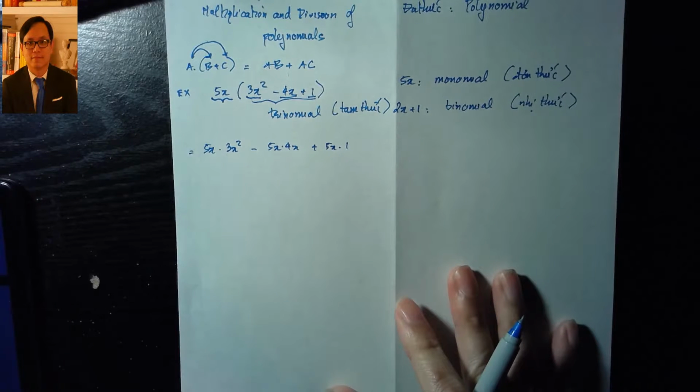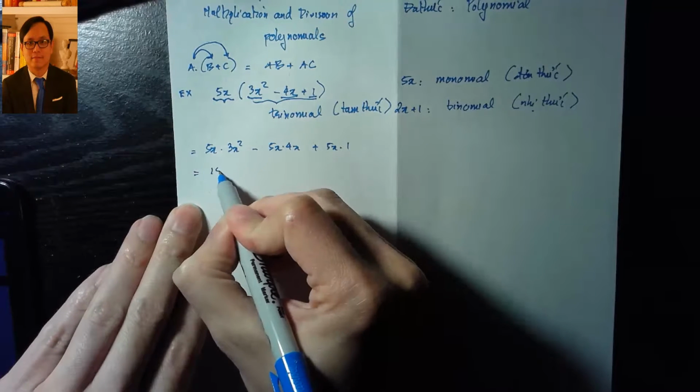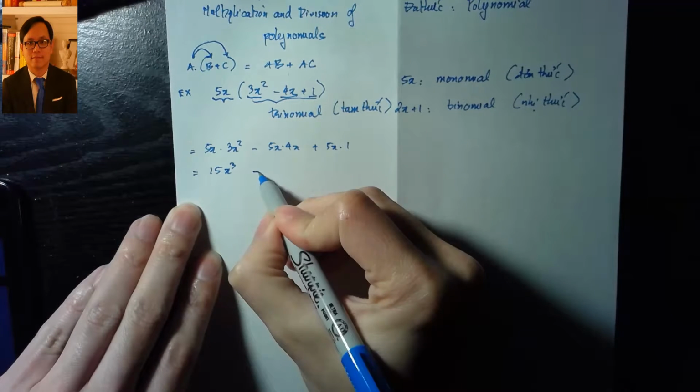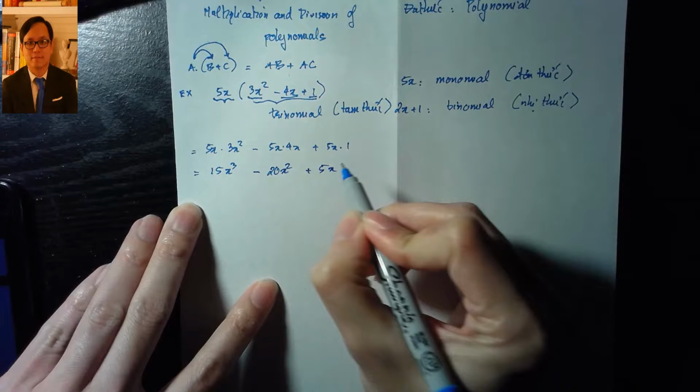So over here we're gonna have 5x times 3x squared will be 15x cubed, minus 20x squared plus 5x, because 5x times 1 is 5x.